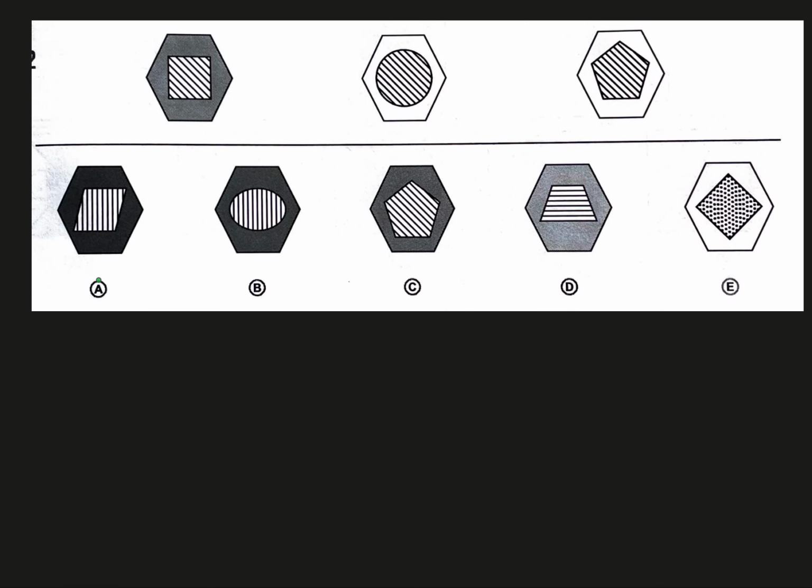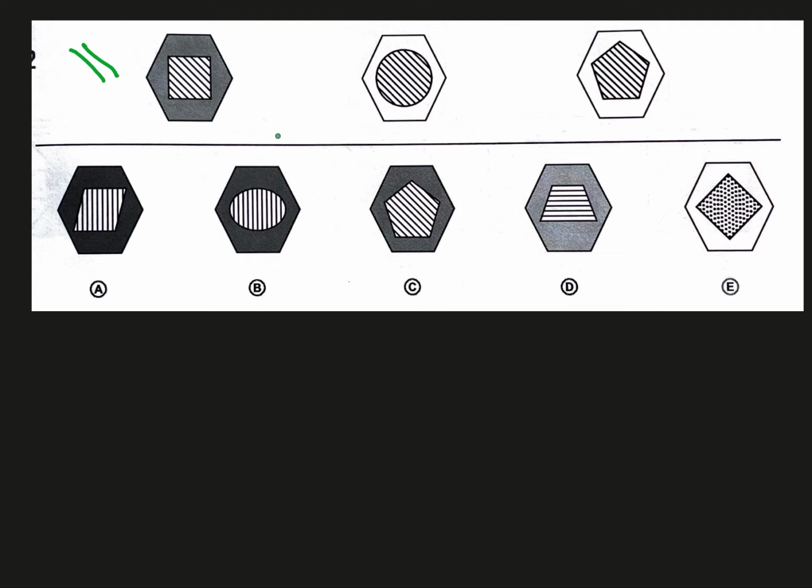Next one, what I see here is a simpler, quick one: the central figure has slanted lines. So I'll call this slanted lines. And that's really it as far as I can think of.